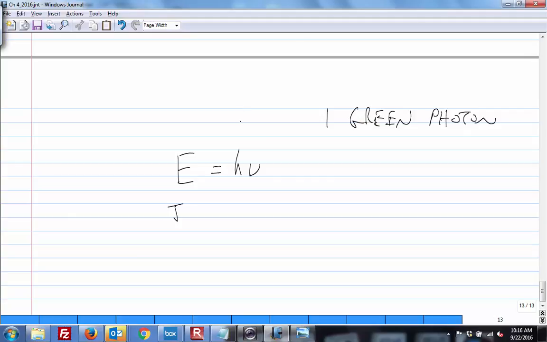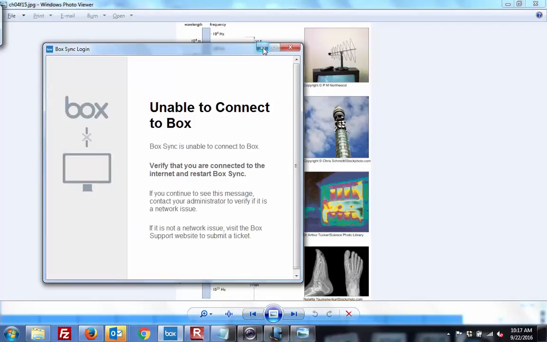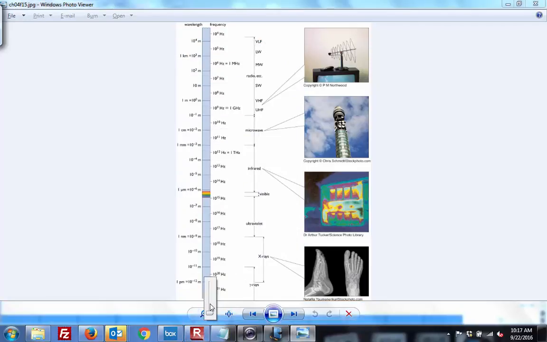So this is Planck's constant. This is the frequency of the photon. Let's look up the frequency of a green photon. We might even be able to find it on this little scale here. Let's zoom in.